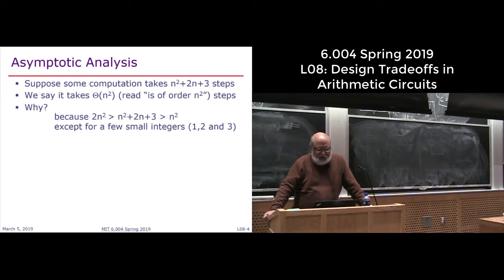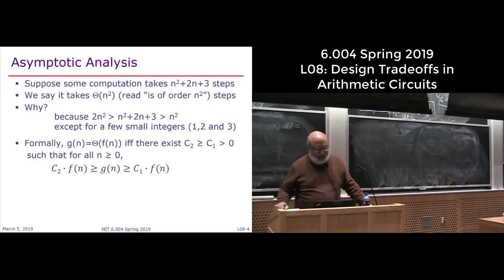So if you forget about 1, 2, and 3, then in other words, from our point of view, this computation is of the order of n squared. So that's what the meaning is. We don't have to worry about all these constants. It's tedious, right? But we can remember the orders quite easily.